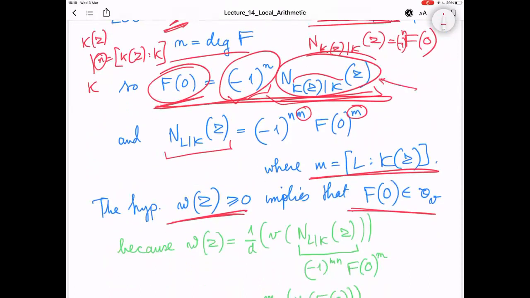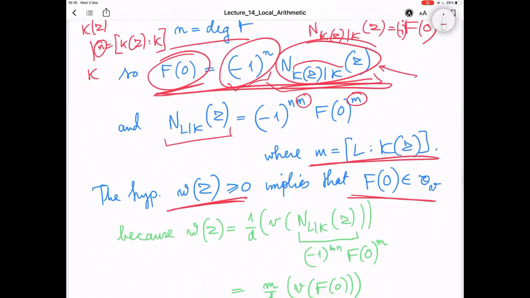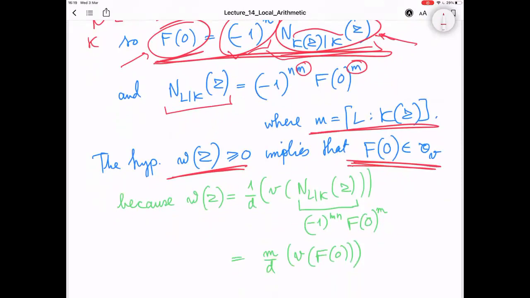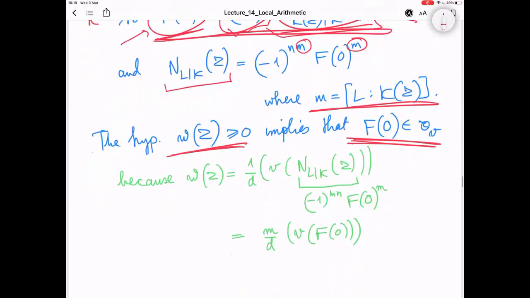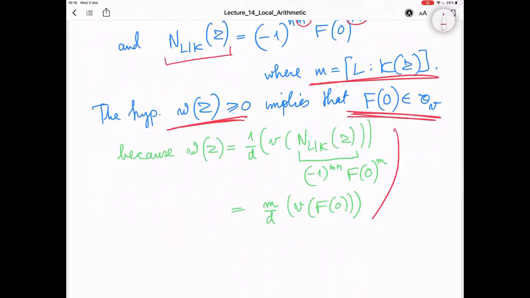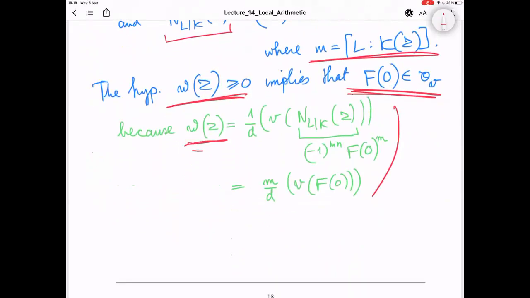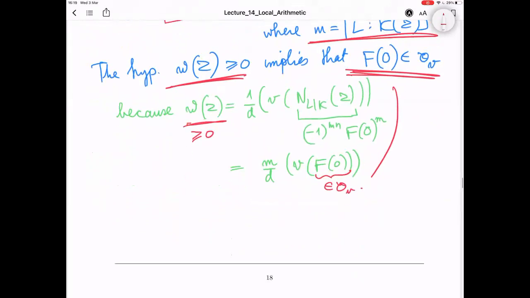The W of Z is the valuation of this norm. The valuation of this norm is positive, which means that the valuation of f of 0 is positive, which means that f of 0 is in OV. Okay, so here's the reason why W of Z positive means that f of 0 is in OV.